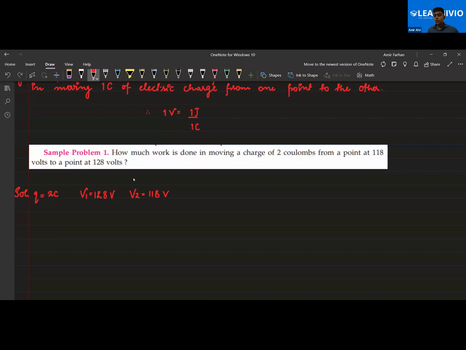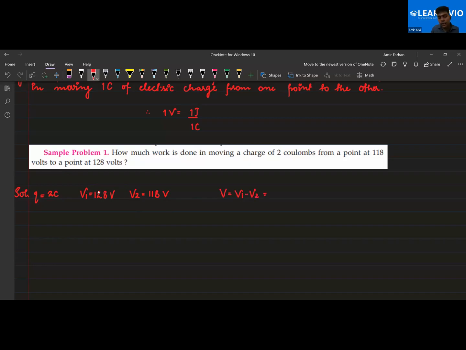In this question, you can see that the potential difference is not given, but the actual potential of the points are given. Am I right, yes or no everyone? From these two values, you have to find the potential difference. Potential difference is nothing but V1 minus V2, right?